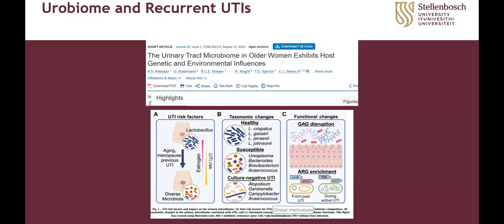Basically, they found that the most important determinants of your microbiome were age, menopausal status, prior urinary tract infections, and host genetics. Those were the top factors defining the urinary microbiome in terms of microbial diversity, with age being one of the big kickers.